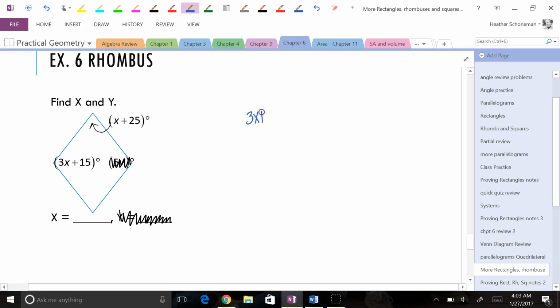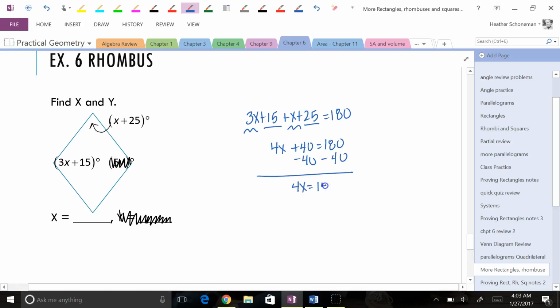So we're going to have 3x plus 15 plus x plus 25 equals 180. Combine those terms, that gives us 4x plus 40 equals 180. Subtract 40 from both sides, so I get 4x equals 140. Divide by 4, so x is 35.